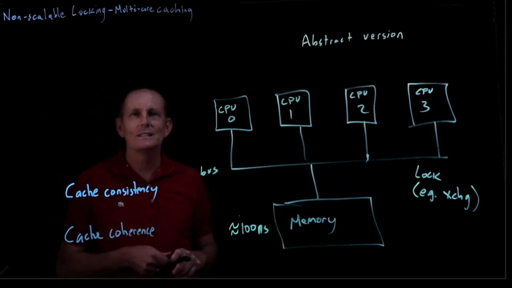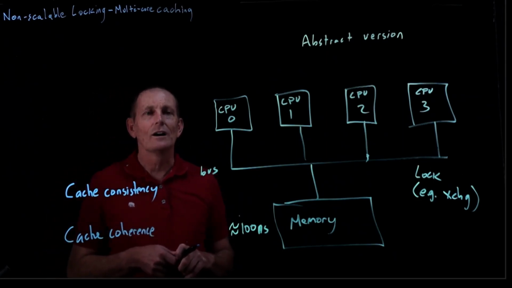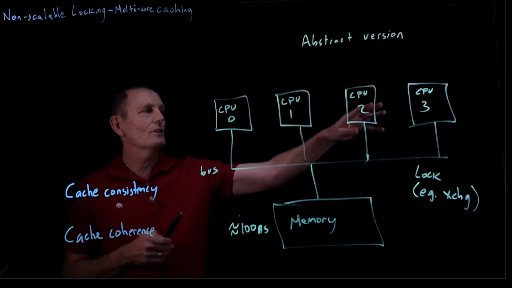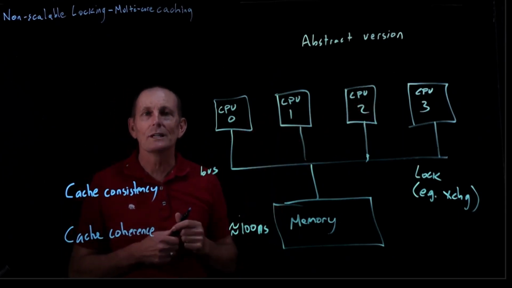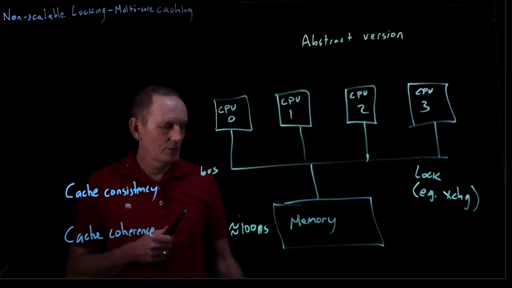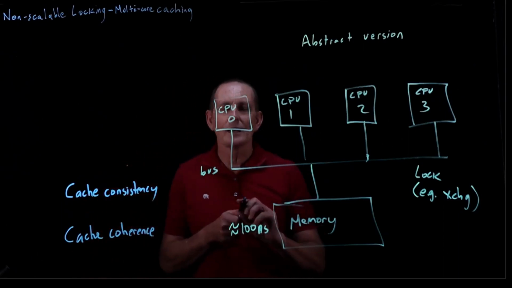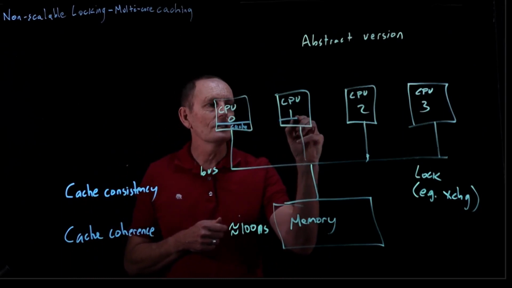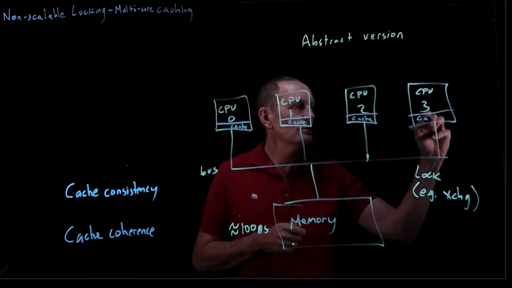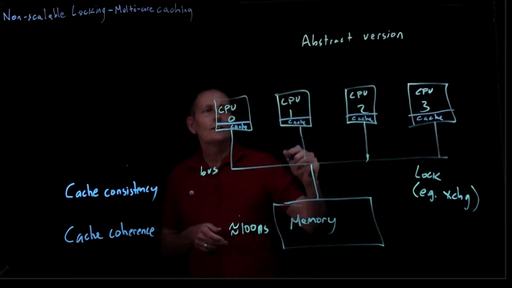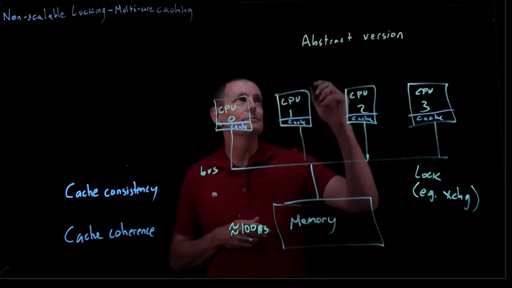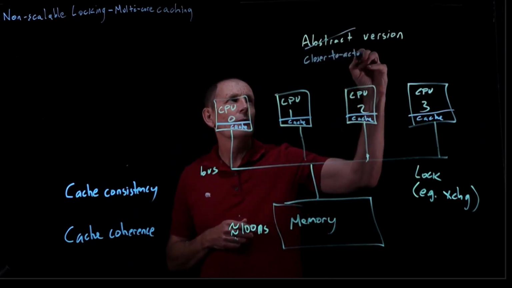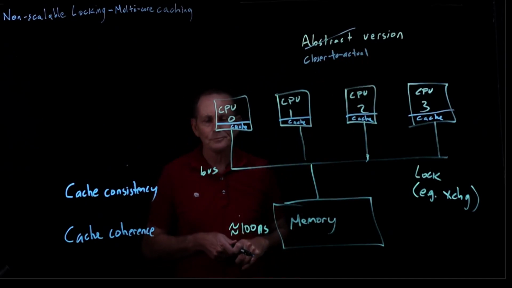That basically means that when we are reading or writing a single memory location across multiple CPUs, they all have to agree in some way. So what we're going to do here is add a cache to each of these. And that more closely reflects reality. This is closer to actual.